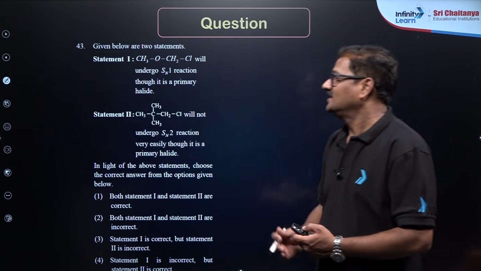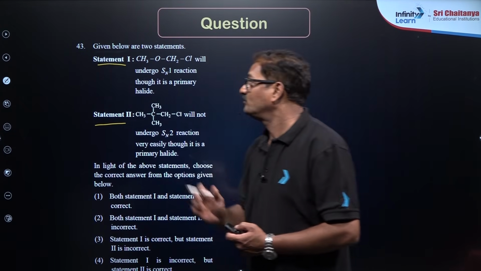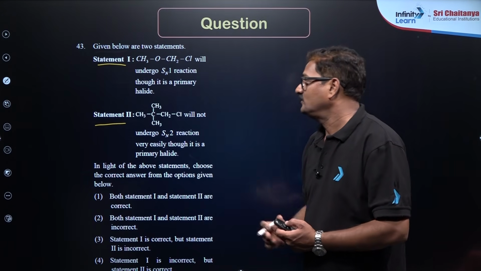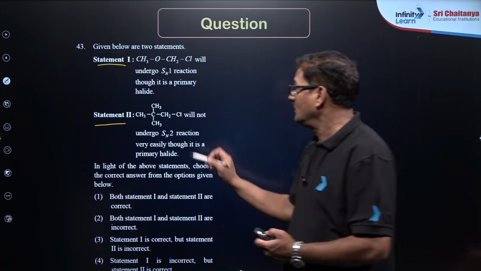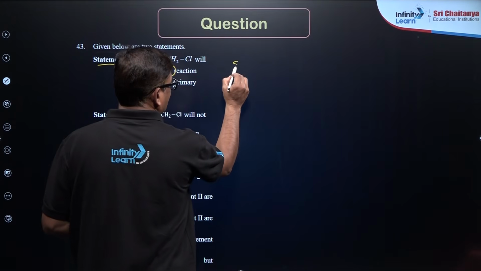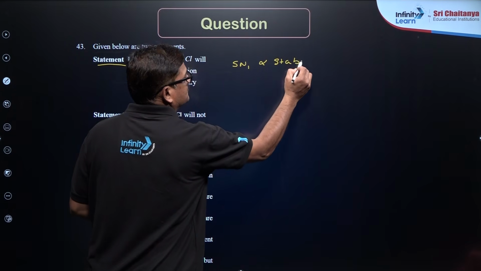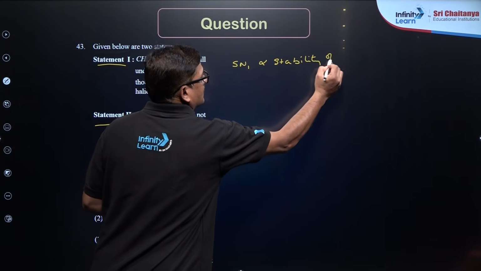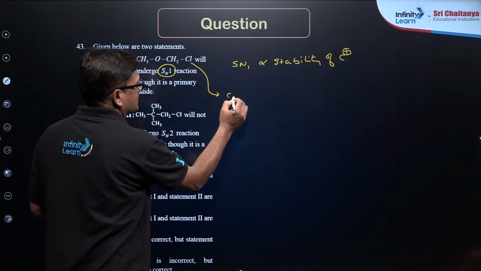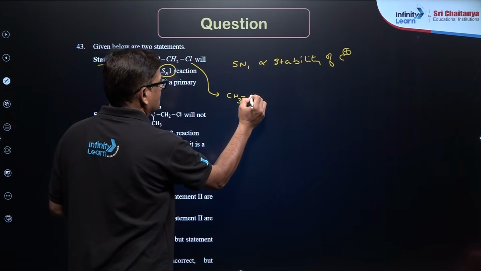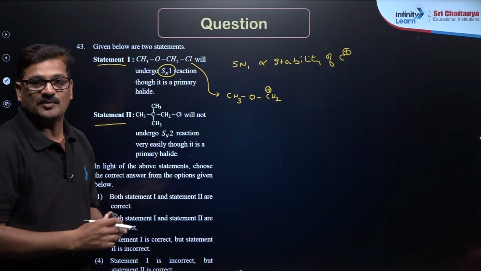Students, here is a question with two statements, statement 1 and statement 2. This is an ether halide. This compound will undergo SN1 reaction through its primary halide. The rate of an SN1 reaction is directly proportional to the stability of the carbocation. When this particular reactant is subjected to SN1, CH3O-CH2+, a super stable primary carbocation, is formed.